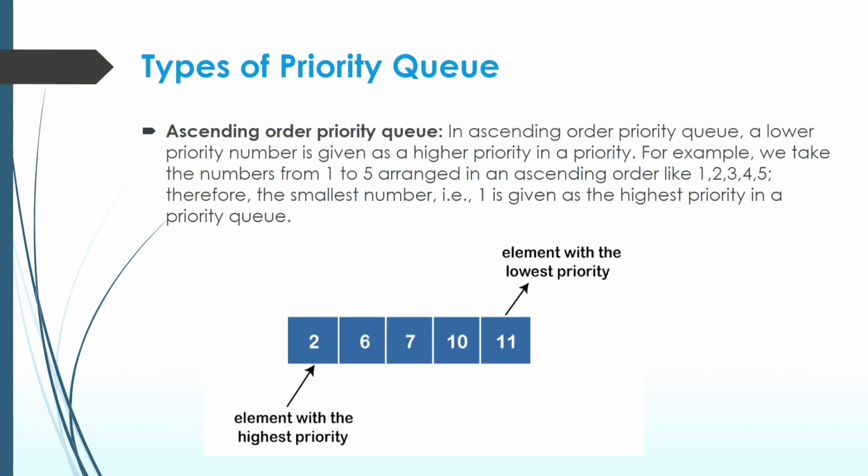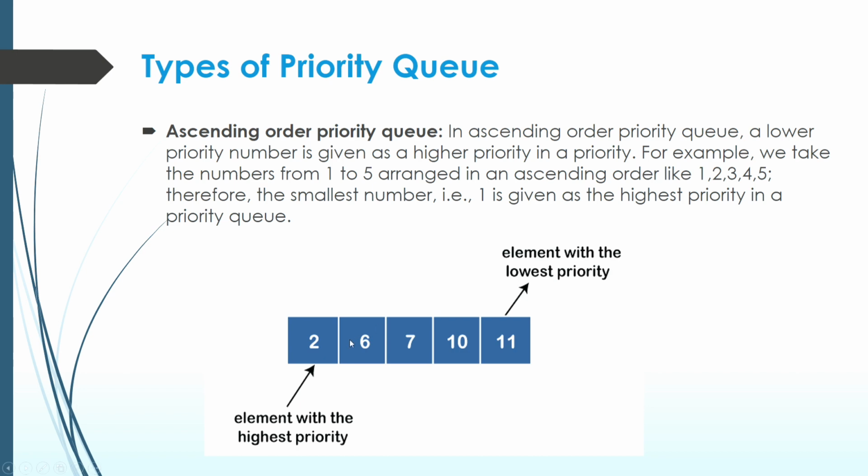Now the types of priority queue. First one is the ascending order priority queue. In ascending order priority queue, a lower priority number is given a higher priority. For example, we take the numbers from 1 to 5 arranged in an ascending order, like 1, 2, 3, 4, 5. Therefore, the smallest number, that is 1, is given the highest priority in a priority queue, right?